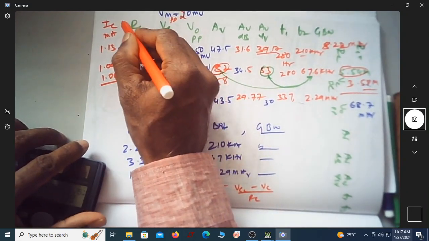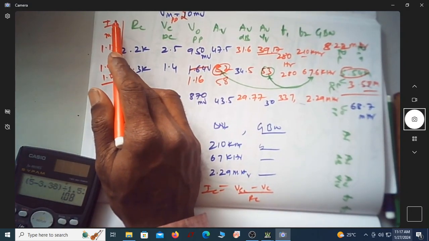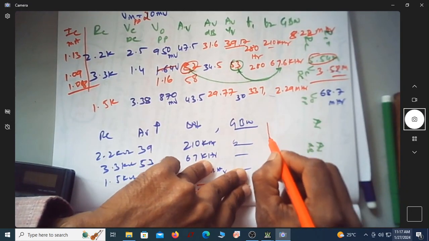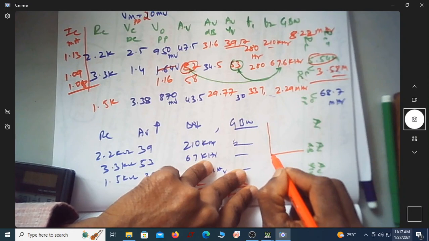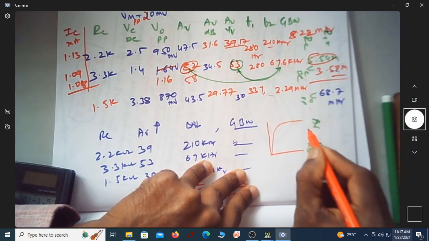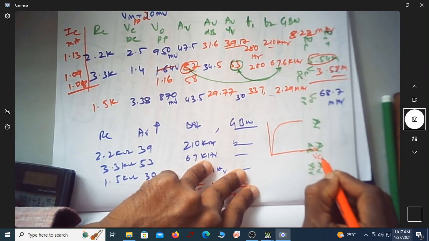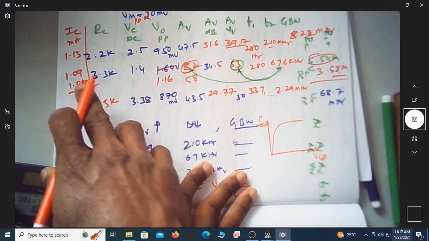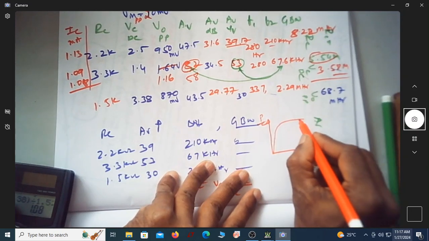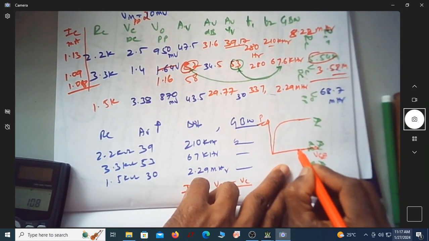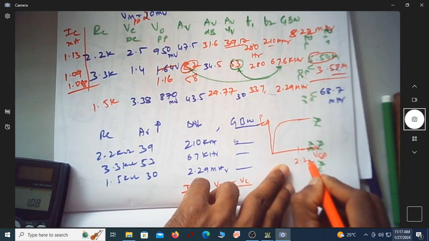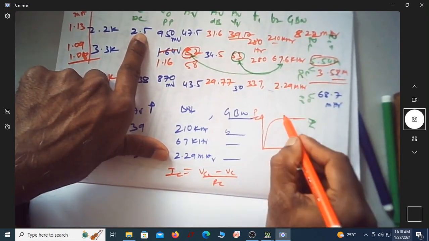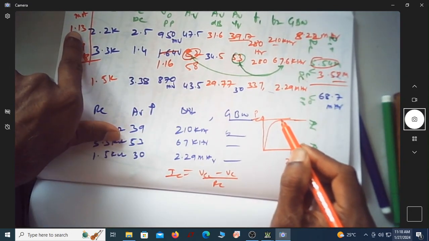So if you notice this, the IC is remaining constant. What I mean to say here is the BJT is operating in the active region of its characteristics. This is the value of VCE or VC, this is the value of IC. If you change the value of RC, first VC was 2.5 volt, and the current was close to 1.13 milliampere.